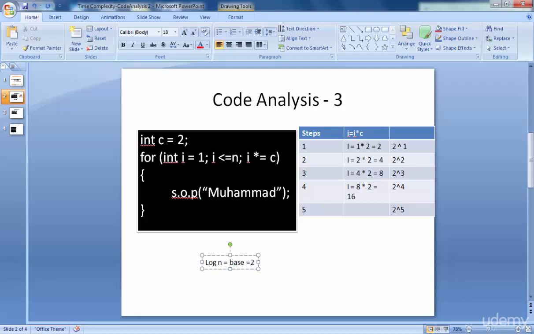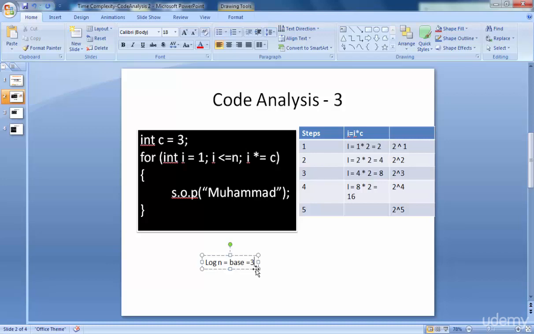Why is the base 2? Because here the value is multiplied by 2 at every step. If the value of c becomes 3, then the base of this log will be 3, right? So that's how this code is working.